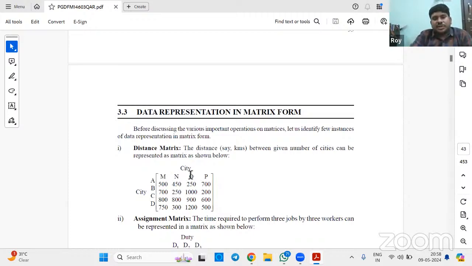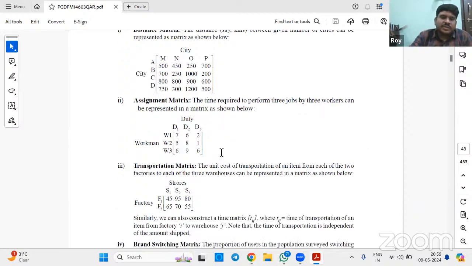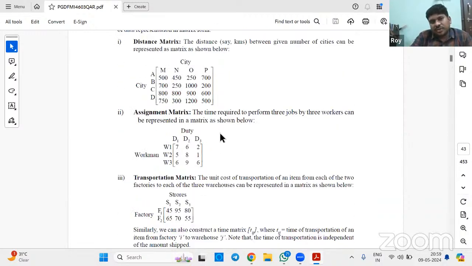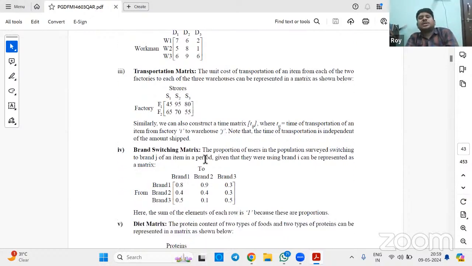Cities A, B, C, D, first row, second row, third row. Assignment matrix. There are three jobs and three works and they can be represented in this matrix. Transportation matrix also. Assignment matrix, transportation matrix. You will see in your OR. Maybe you may not; if you go for PG, they'll talk about it.